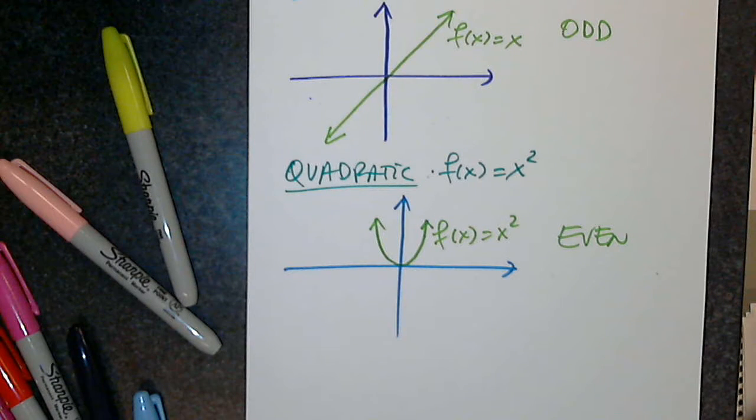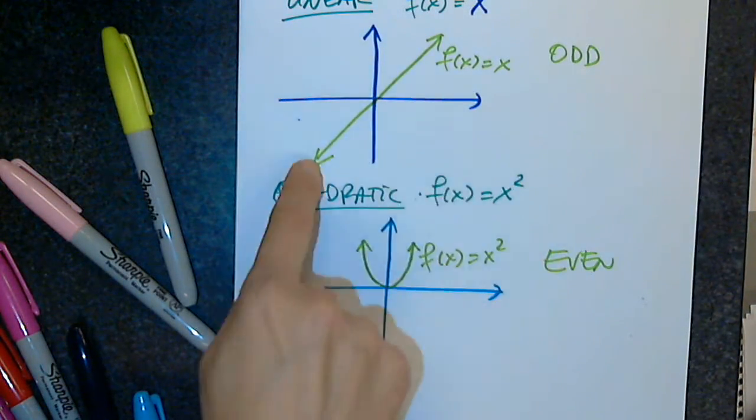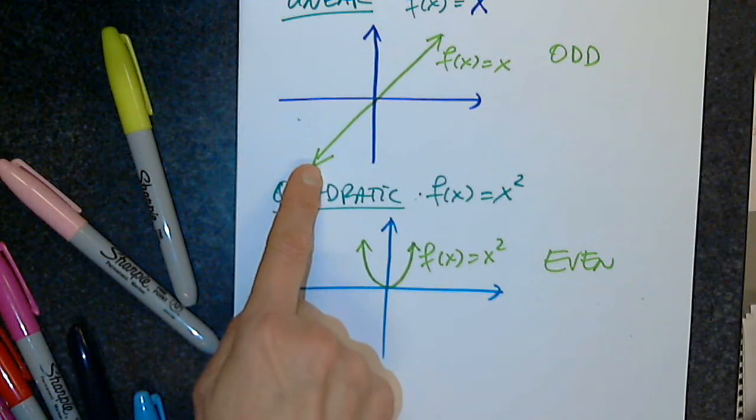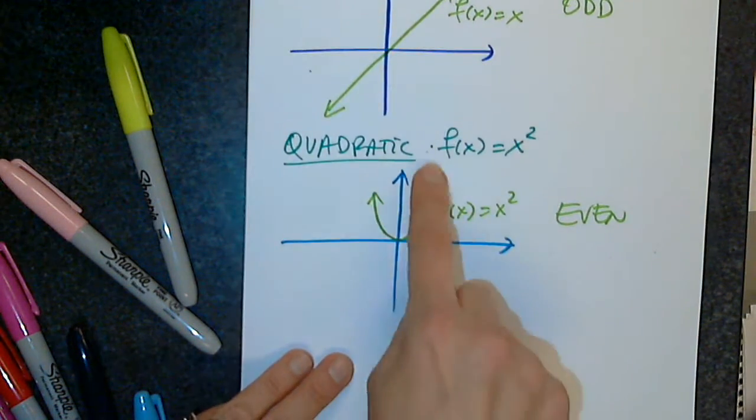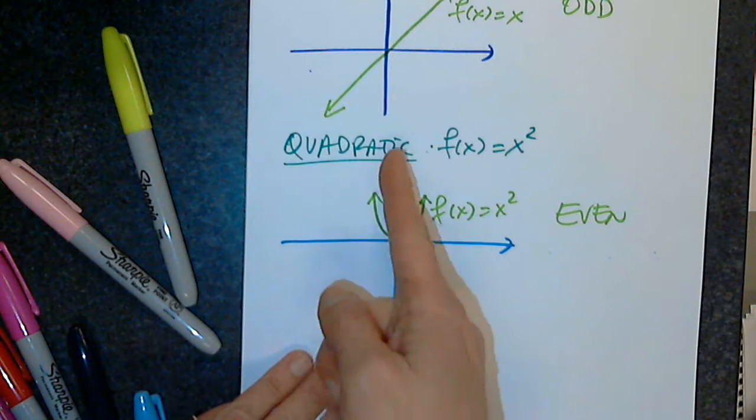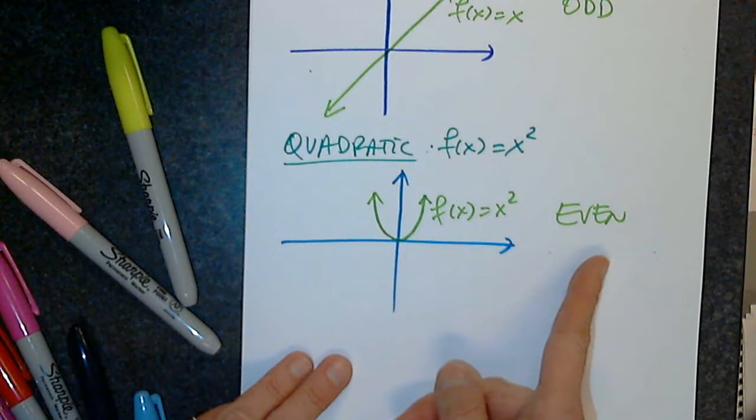Odd is symmetric with respect to the origin. Even means symmetric with respect to the y-axis. What I have here is a copy across the origin, and here across the y-axis, which is even.